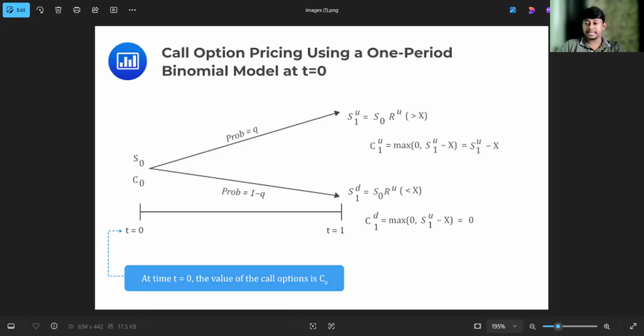You can see step by step exactly where the option's value comes from. It also adapts easily to more complex features like options with unusual payoff structures where a clean formula might not exist at all. The trade-off, more steps means more accuracy, but also more computation. As you add steps, a binomial tree actually converges towards the same answer a continuous formula like Black-Scholes would give.